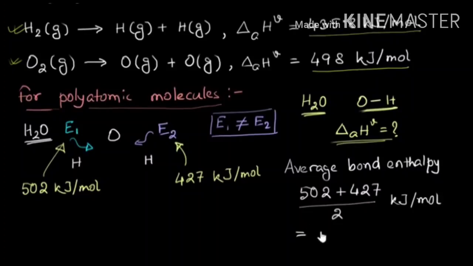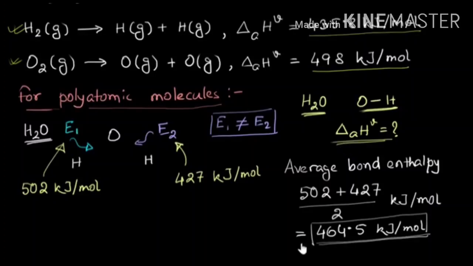By dividing by 2, we get the average energy of the water molecule, that is 464.5 kilojoule per mole.